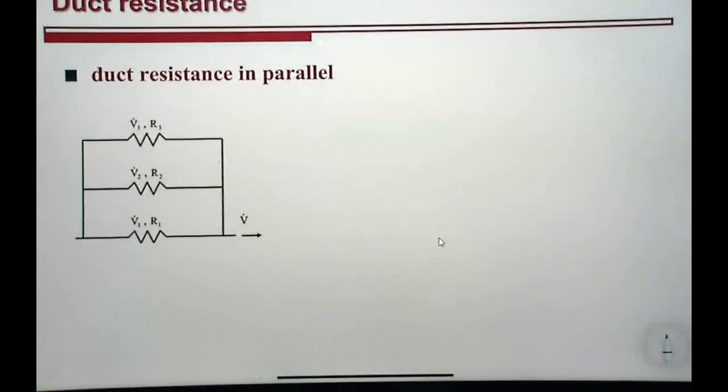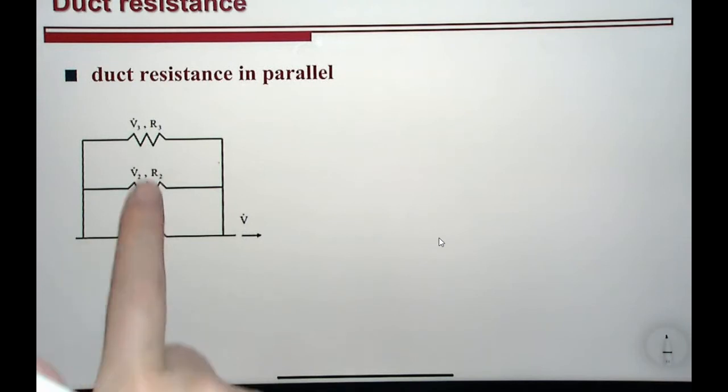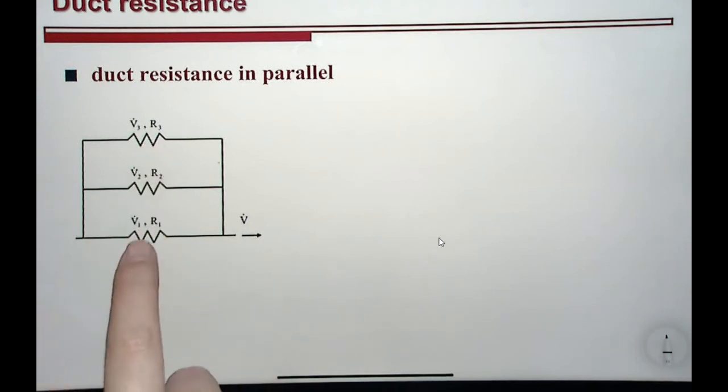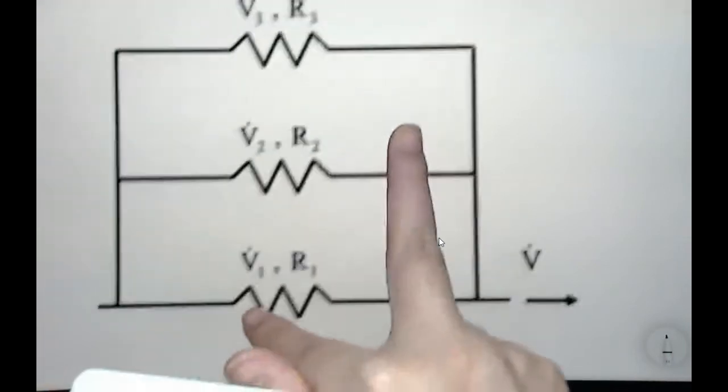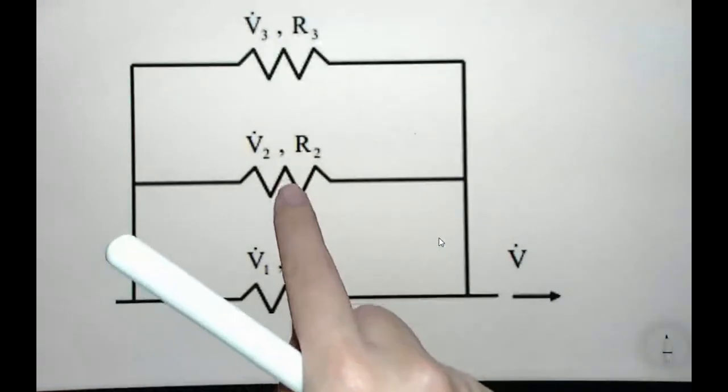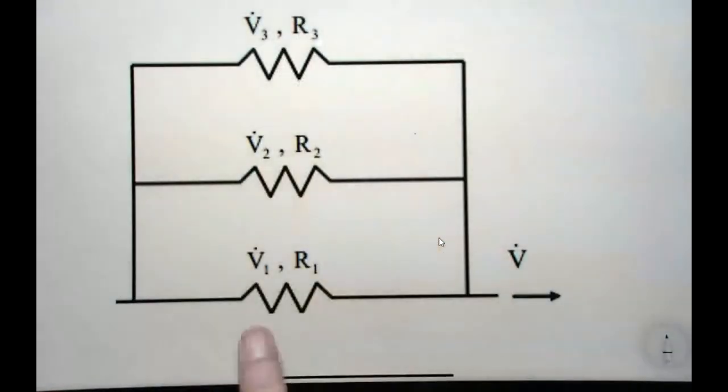Okay, now we will be moving on to the topic of duct resistance connected in parallel. So similarly, we have duct section number 1, section number 2, and section number 3. For section number 1, the air flow rate is V dot 1.